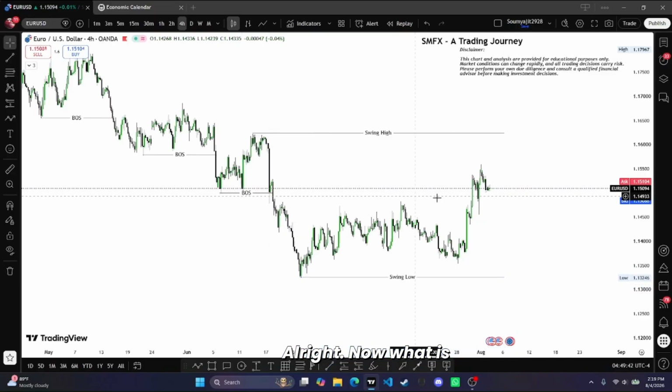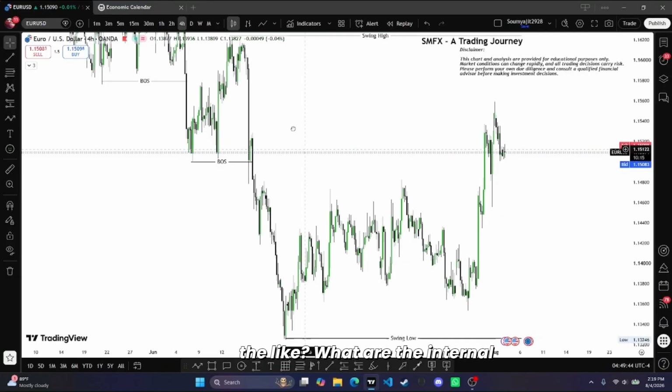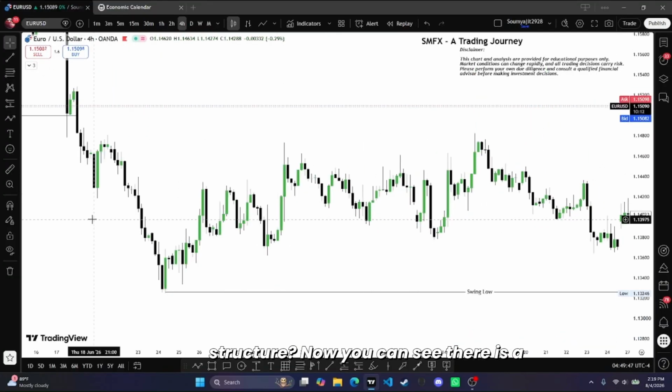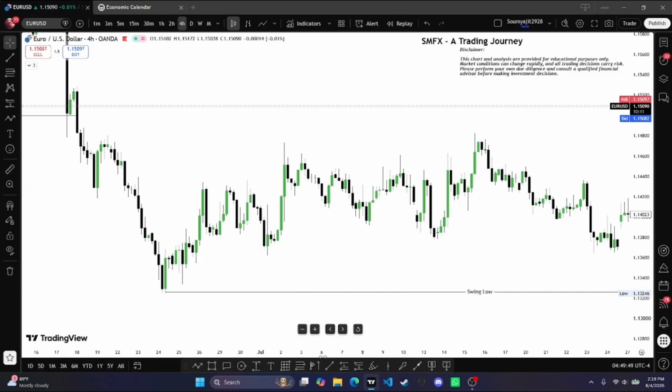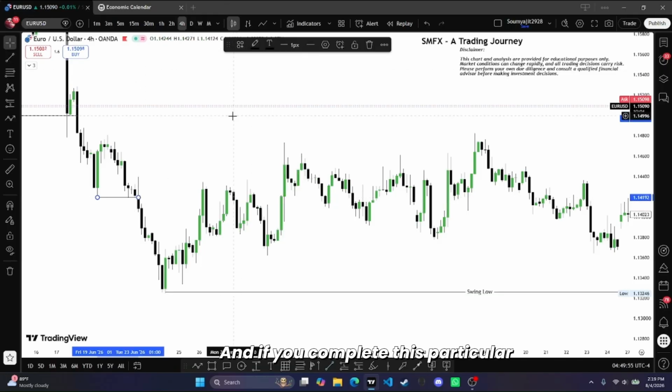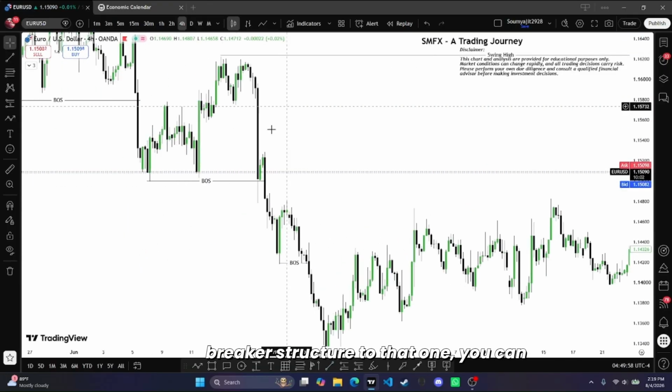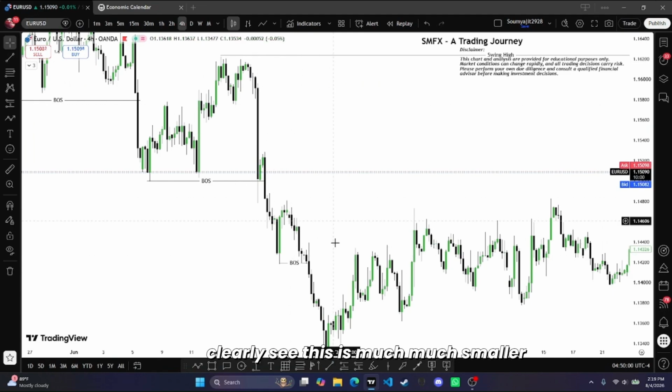Now what are the internal structure? Now you can see there is a breakout structure over here, and if you compare this particular breakout structure to that one, you can clearly see this is much smaller.